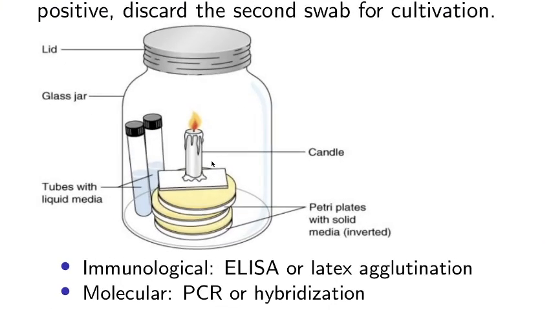So this can be achieved using what is called the candle jar, and from its name, here there is a candle. It is used to generate the CO2 and consume the oxygen inside, and before you close the lid, you put your Petri dishes with the agar and inoculated media in an inverted way.